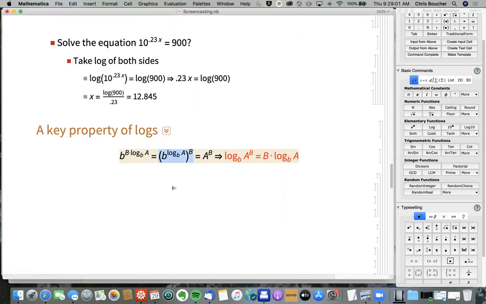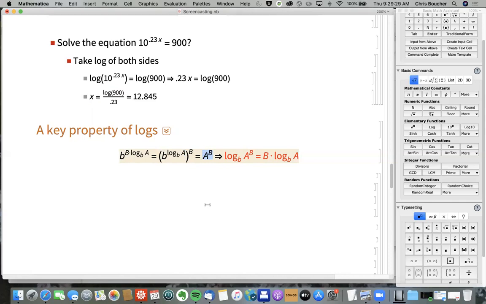Because when you raise a power to a power, you multiply the exponents. So in order to simplify that blue thing, I should do B times log base B of A in the exponent, which is exactly what I was doing over here. Now we saw up above that B to the x and log base B are inverses. So if you do B to the log base B, they wipe each other out and that whole blue thing just becomes an A. So this is just equal to A to the B.